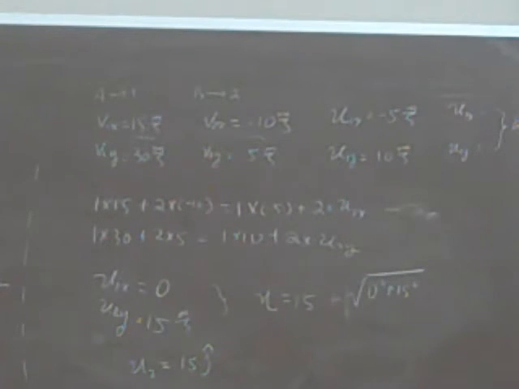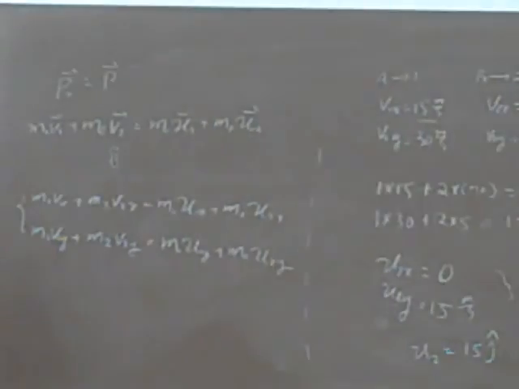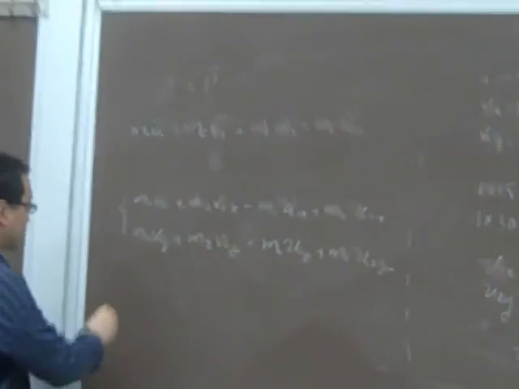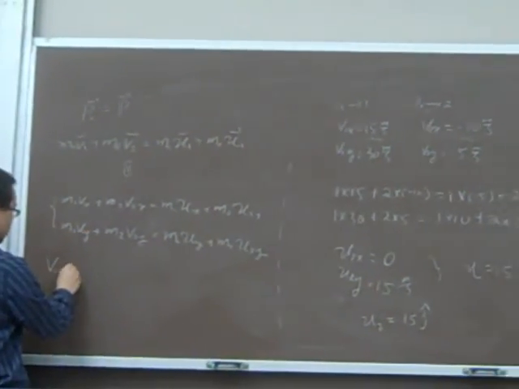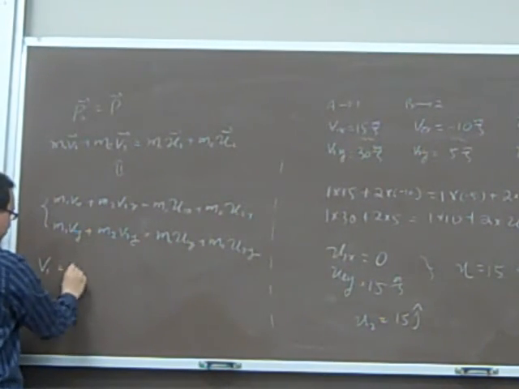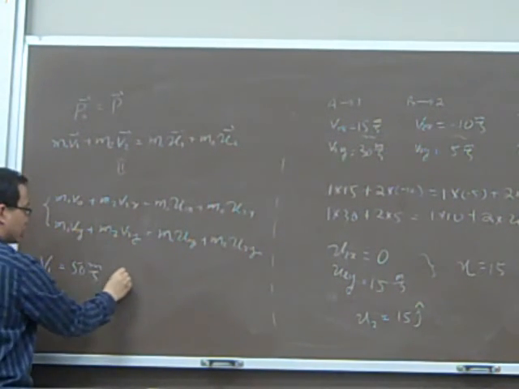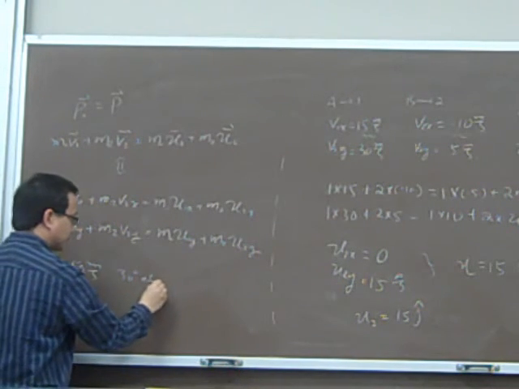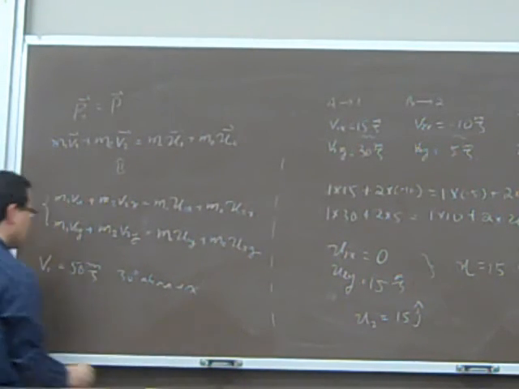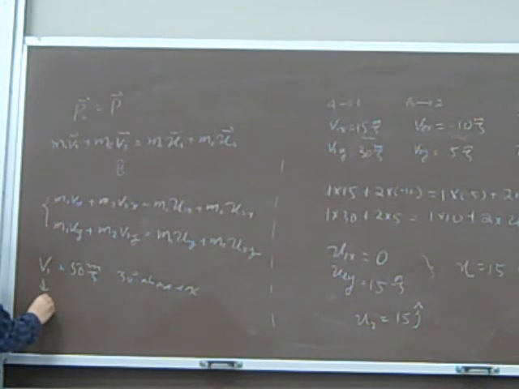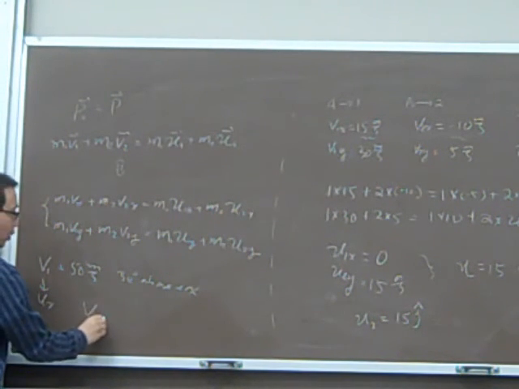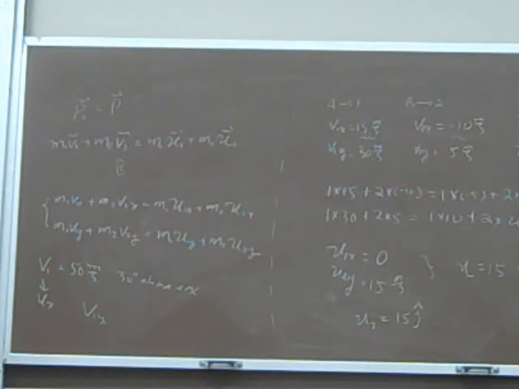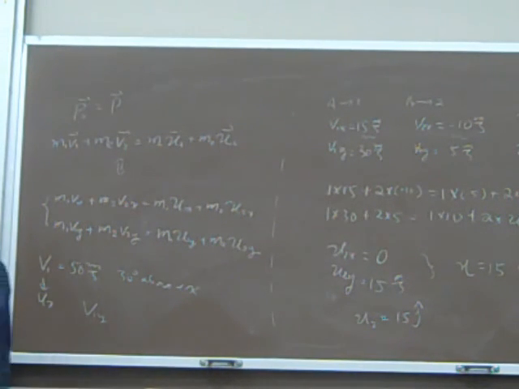I may give you the velocity as a magnitude and orientation angle, like v1 equals 50 meters per second, 30 degrees above, say, positive x. So you have to be able to find v1x and v1y by yourself. That's vector decomposition.